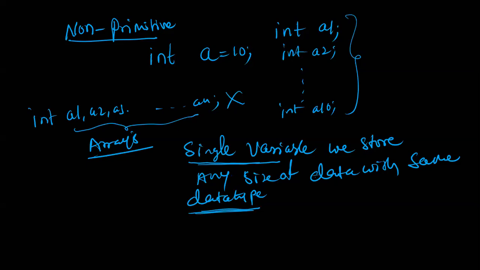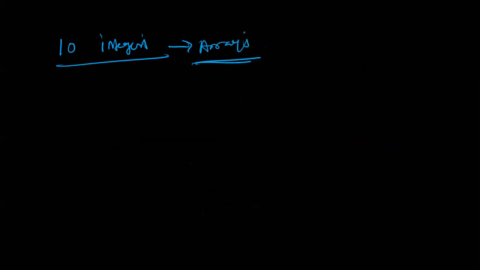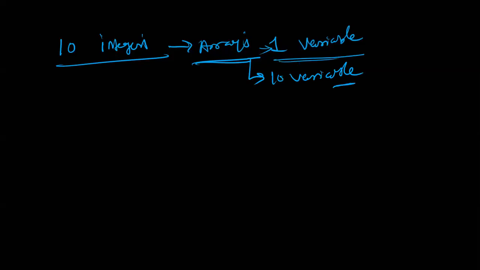For example, if you want to store 10 integers, 10 numbers, then by using arrays you declare only one variable. Without arrays, 10 variables. That is the difference. Instead of 10 variables, we need one variable.